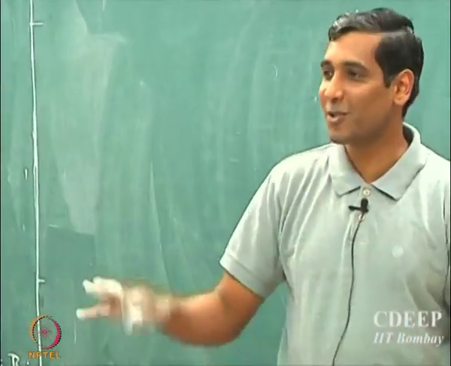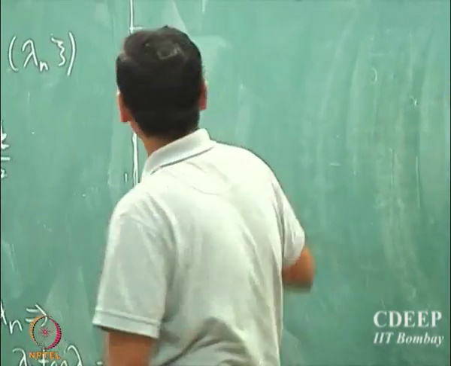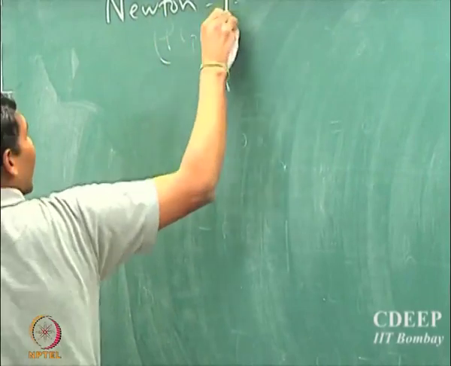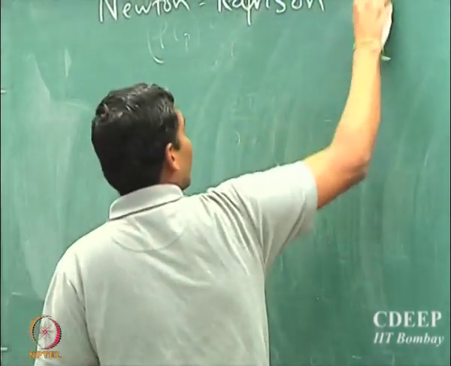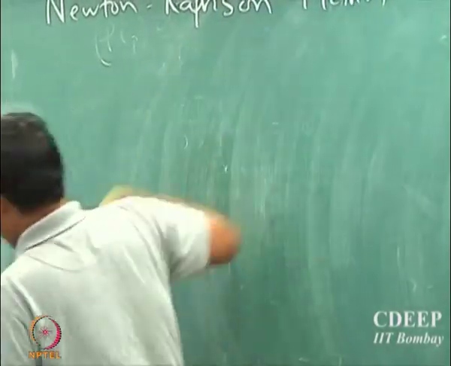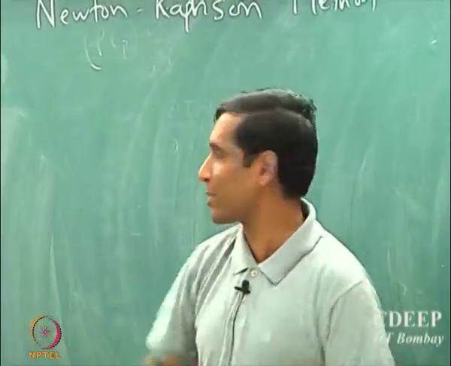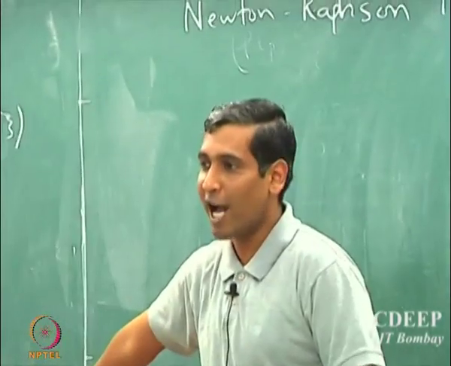No, Scilab is just a software. What you use is called the Newton-Raphson method. You will see this in your numerical analysis course. So you have to use the Newton-Raphson method to solve this equation, and in fact there are subroutines in Scilab, MATLAB, etc. to do the Newton-Raphson method solution of such algebraic equations.